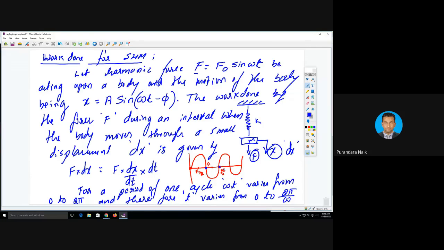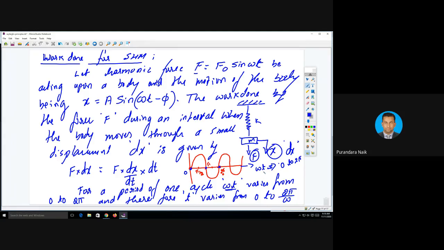Now, for the period of one cycle, from here to here, omega t varies from 0 to 2 pi. 0 is this one, and this is 2 pi. Therefore, t varies as omega t goes from 0 to 2 pi.